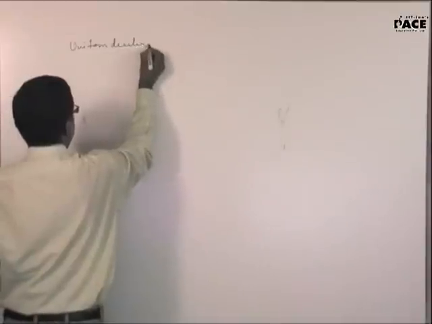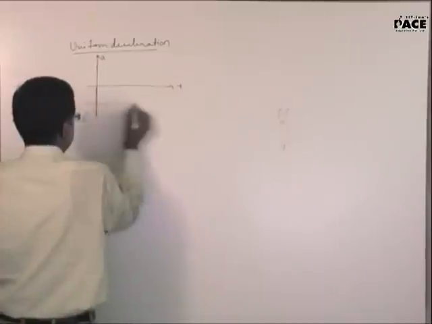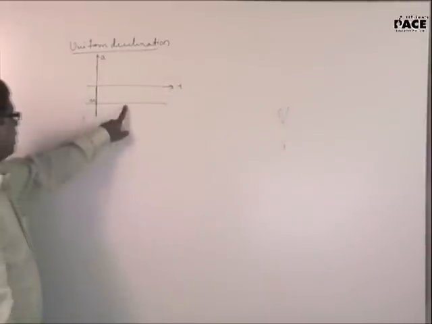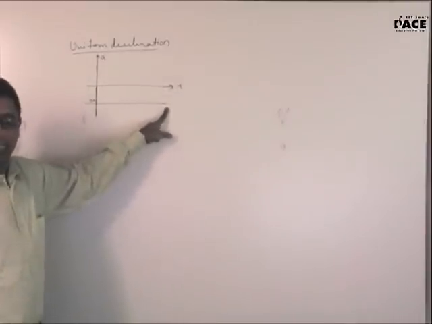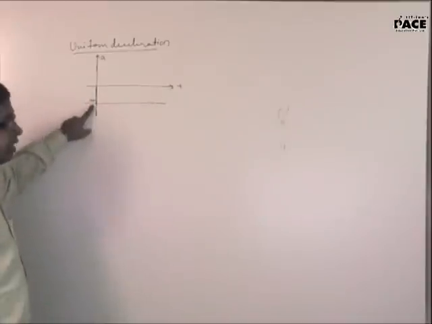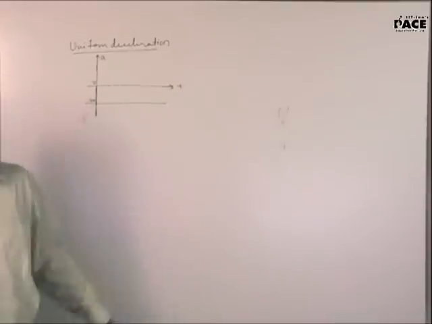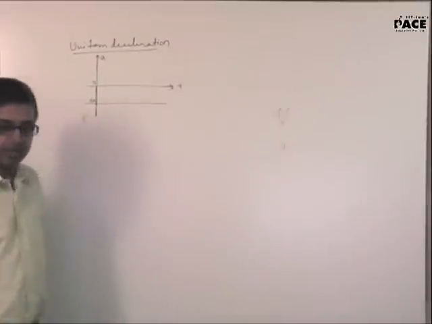For an acceleration time graph, the uniform deceleration will be A0. Right? And it will be on the negative side. If this is the origin, I am showing it on the negative y-axis. Why? Because it is deceleration, it will be negative.